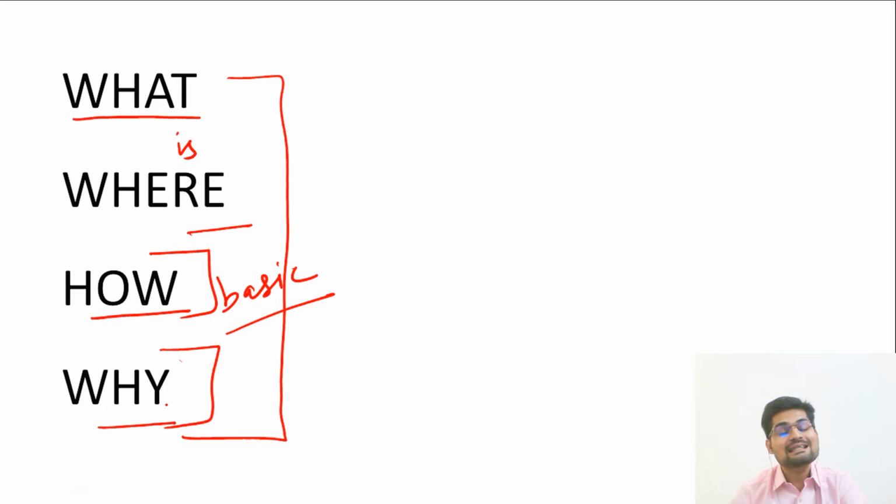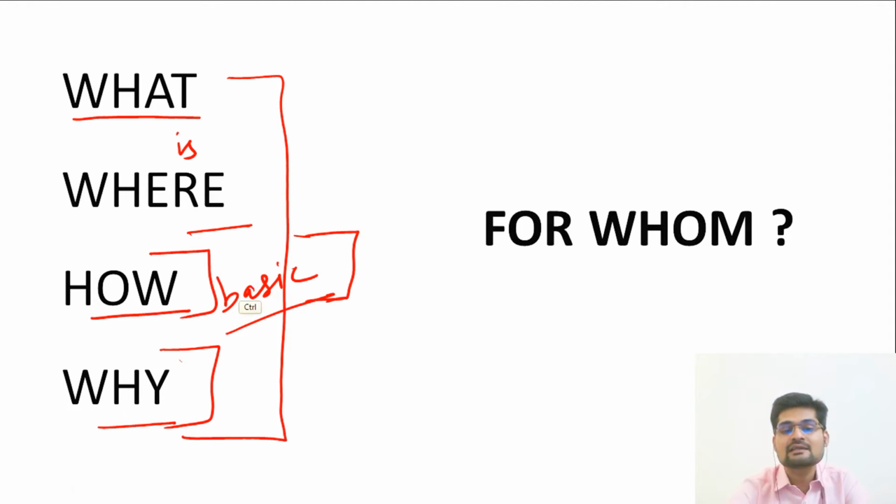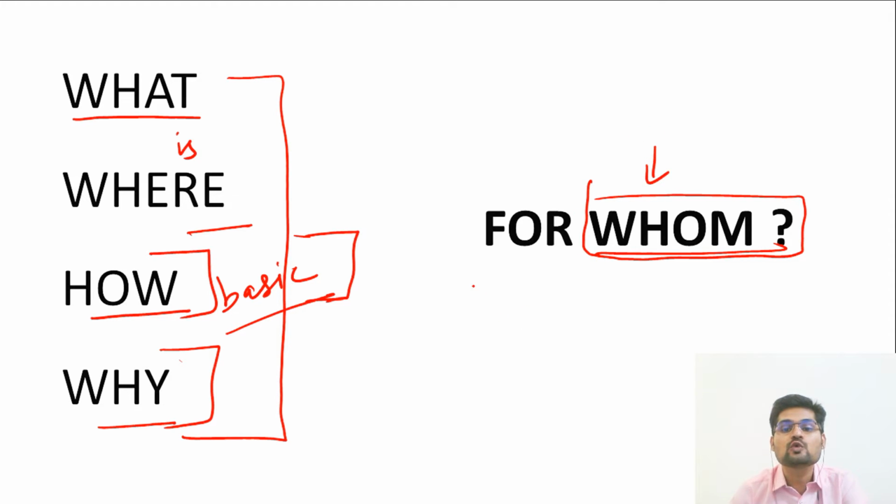But remember, there is another question that is linked. These are the basic understanding of most of the subject matter which are scientific in nature. But in geography, another thing that we study with this what, where, how, and why is the people part, the human beings part, or the stakeholder part, that is for whom we are doing this. That is an important aspect in geographical studies.